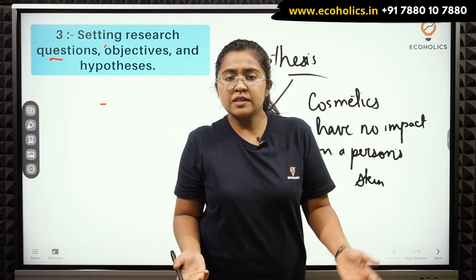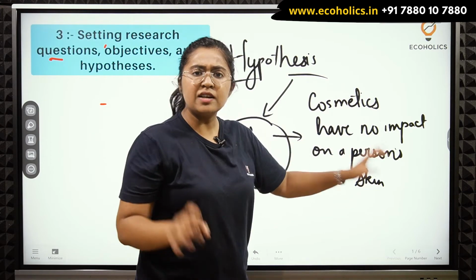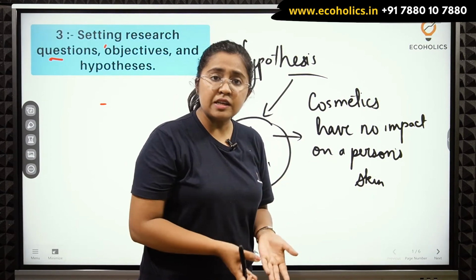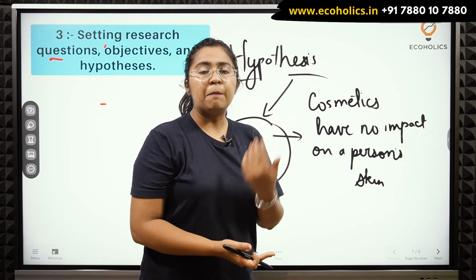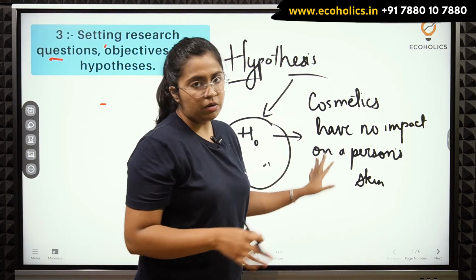Why? Because this statement is a tentative statement which will be tested, whether or not cosmetics are harming or impacting the skin of any person. So this has been made.